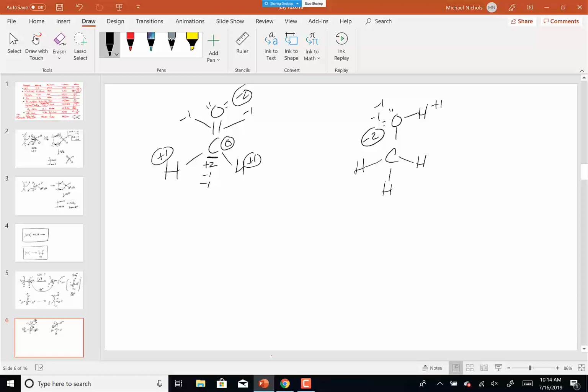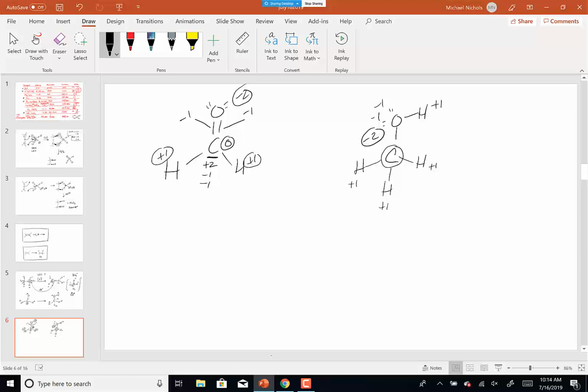So when we do an oxidation number, we're eliminating sharing. We're saying, look at each bond. The most electronegative element in the bond gets an electron. So over here, what about this carbon? Well, if you don't want to do the math, do this. +1, +1, +1. The carbon was -2.